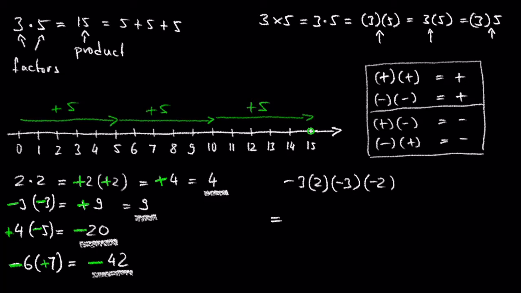For example, we can multiply negative 3 times negative 3, which is 9. Then multiply 9 with negative 2, which is negative 18. And then multiply negative 18 with 2, which is negative 36.